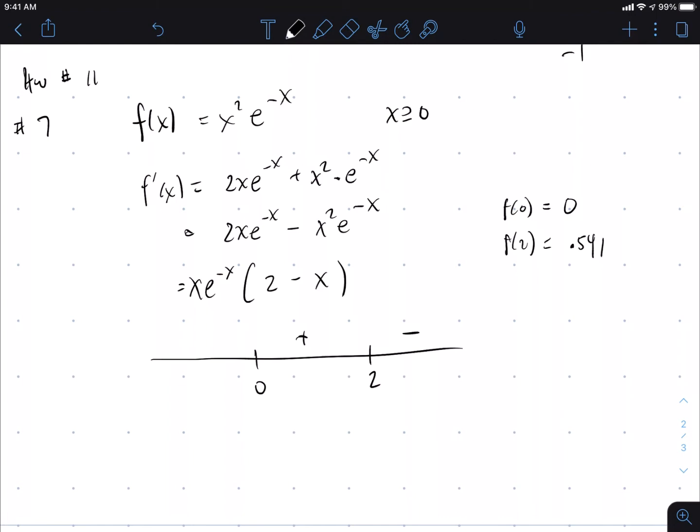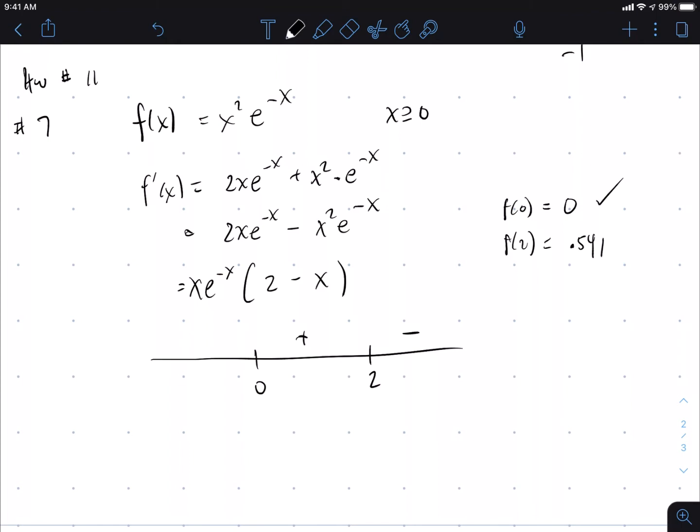Okay, so it's asking for us in this problem for a maximum value or a minimum value. So our minimum value looks to be f of 0. Does that make sense? We okay? Yes.